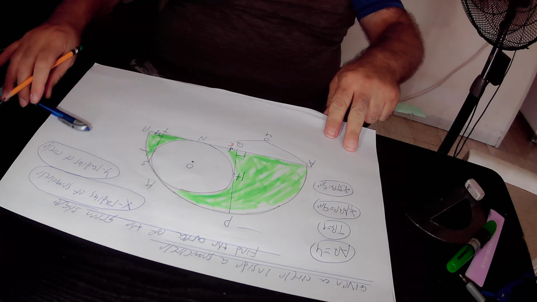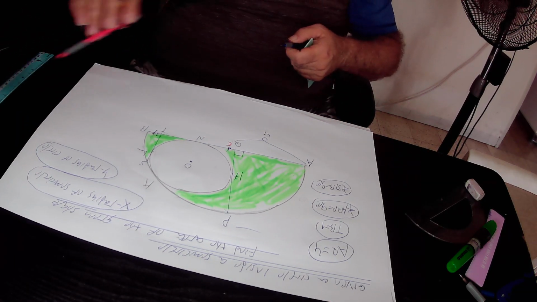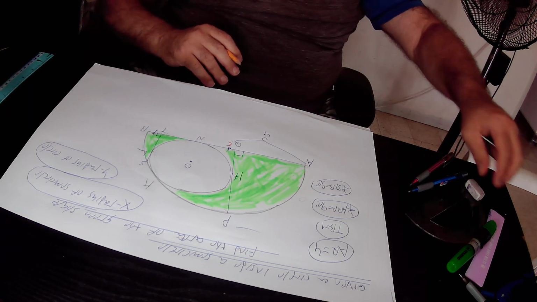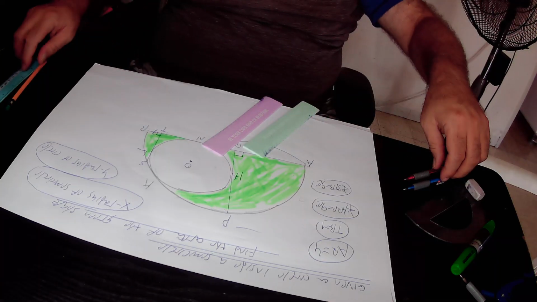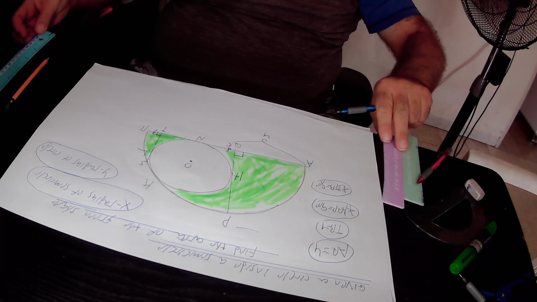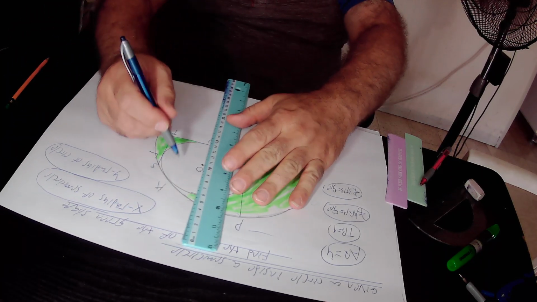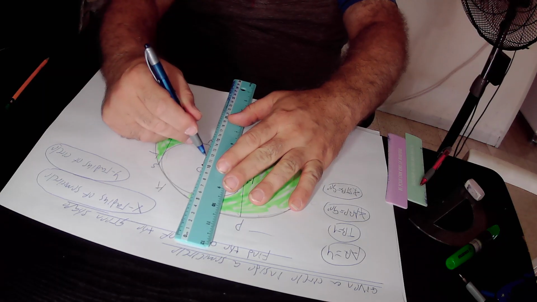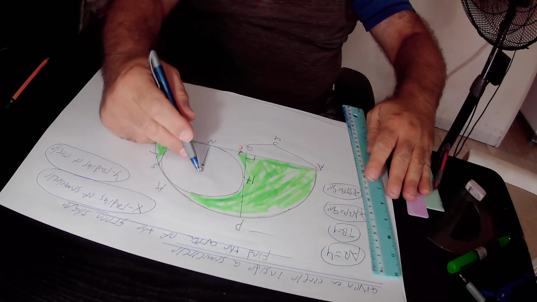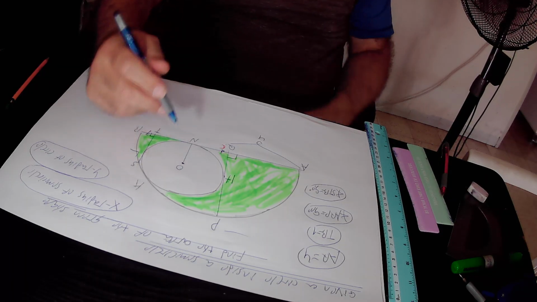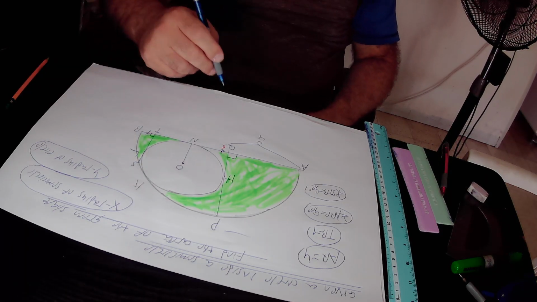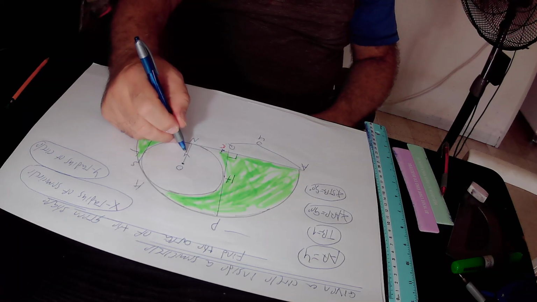In the next step, we join points O and N together by a straight line. Point O is the center of this small circle, point N is a point on the small circle itself, therefore ON is the radius of this small circle, that equals y according to our definition.